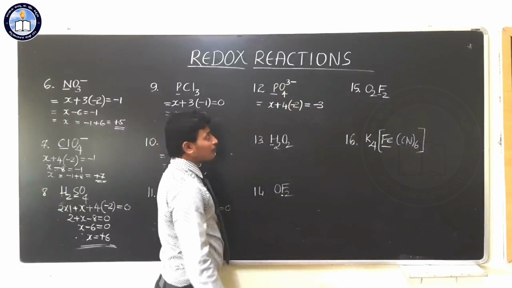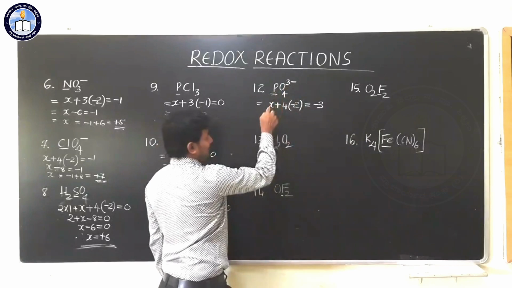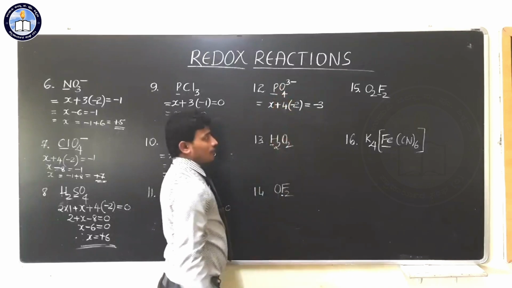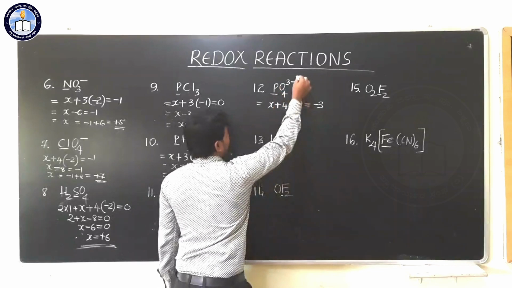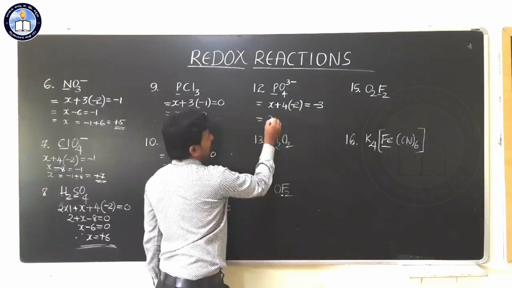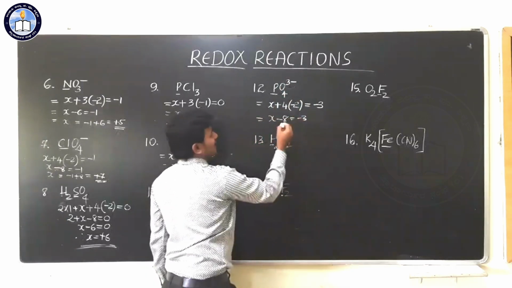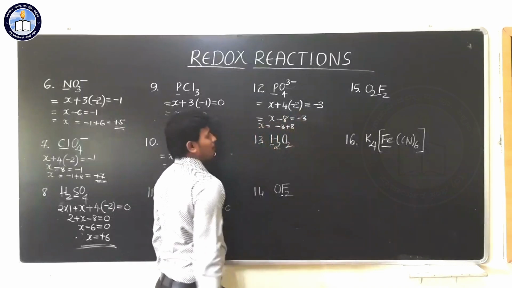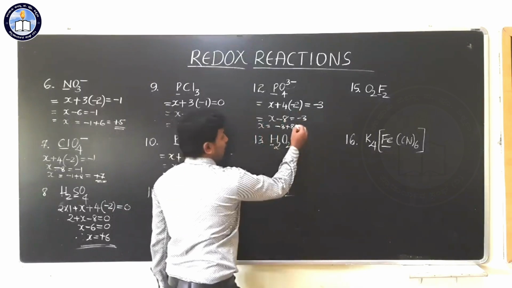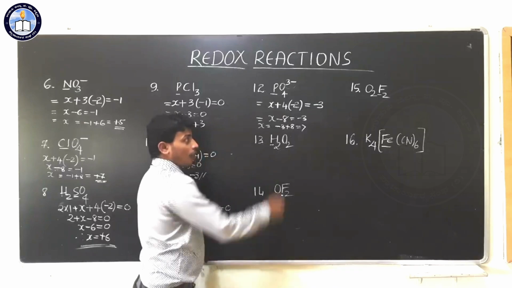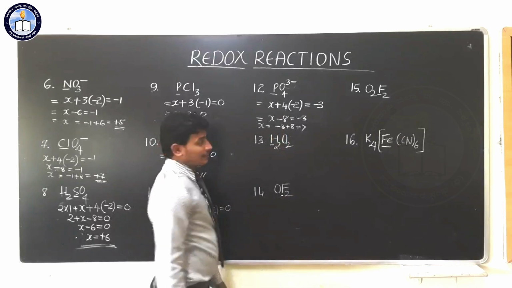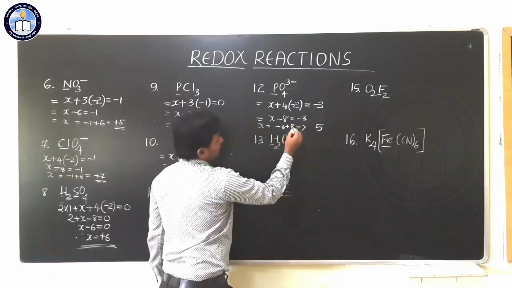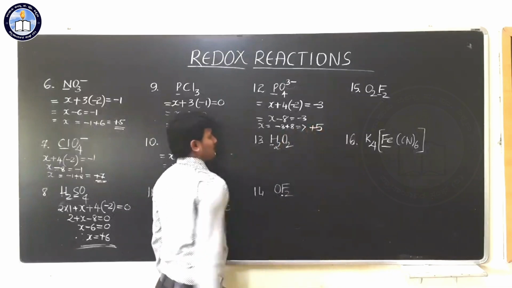Sometimes it happens, but don't do that. Always remember: phosphorus x, there are 4 oxygens, so we write 4, and the value of oxygen is minus 2. What is the charge on this? Minus 3. Therefore x minus 8 equals minus 3, so x equals minus 3 plus 8, because when this moves to that side, minus becomes plus. That gives 5, and since the bigger number has a positive sign, it is plus 5.